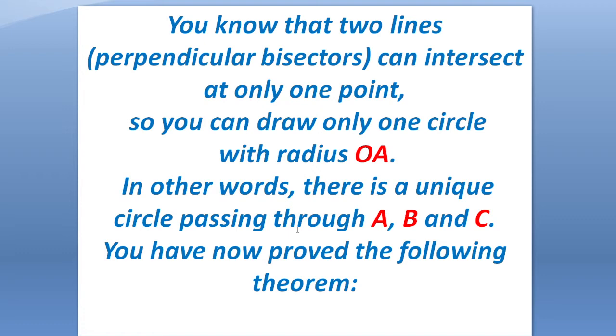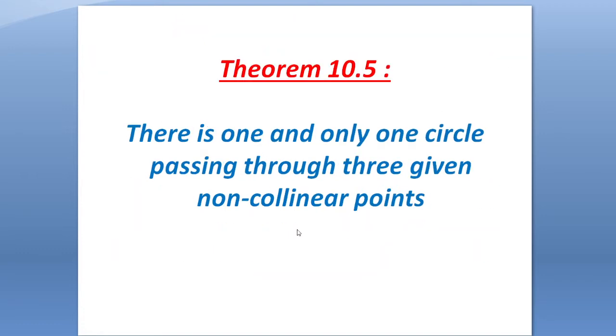And in other words, there is a unique circle passing through A, B and C. And this is theorem number 10.5, that there is one and only one circle passing through three given non-collinear points. So only one circle can pass. There is one and only one circle passing through three given non-collinear points.